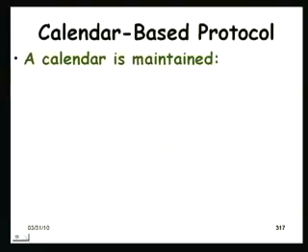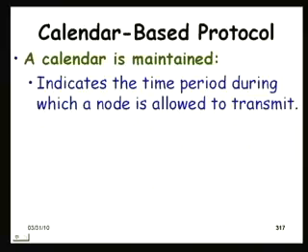Please observe that. Now, let us first see how the protocol works. As the name of the protocol suggests, there is a calendar which is maintained at every node. A copy of the calendar is present in every node, and the calendar indicates the time period during which a node is allowed to transmit.